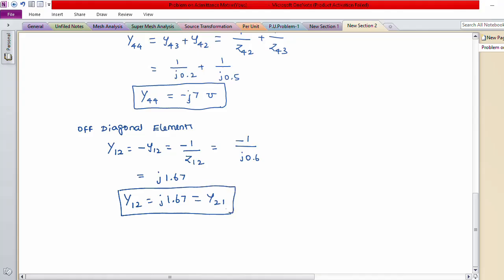Similarly, we have to calculate Y13. Y13 is equal to minus small y13, that is equal to minus 1 by Z13. The Z13 value is j0.5, so minus 1 divided by j0.5. If you simplify this, we will get Y13 equal to j2, that is equal to Y31.